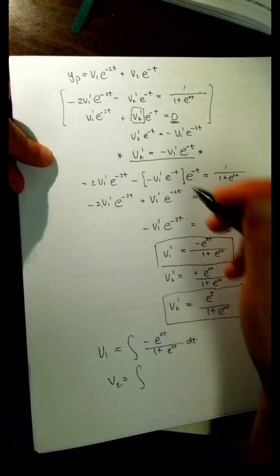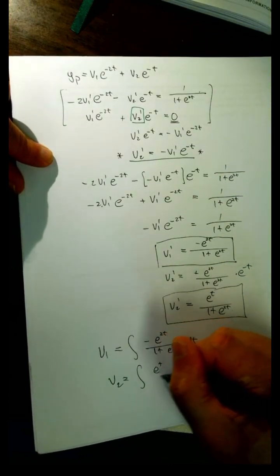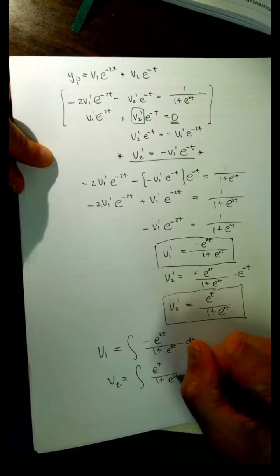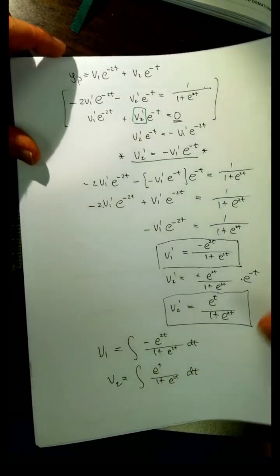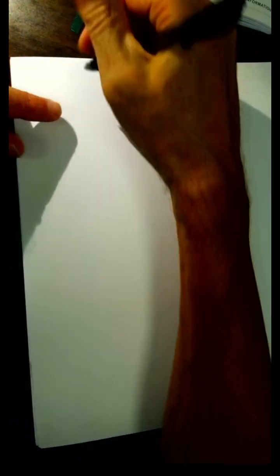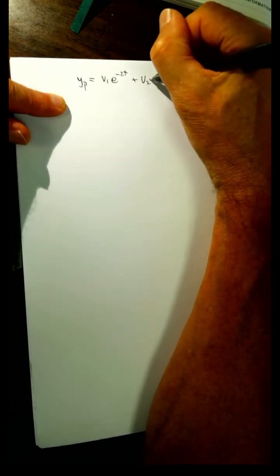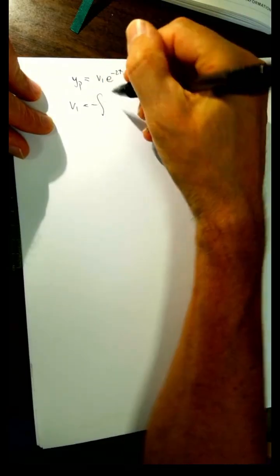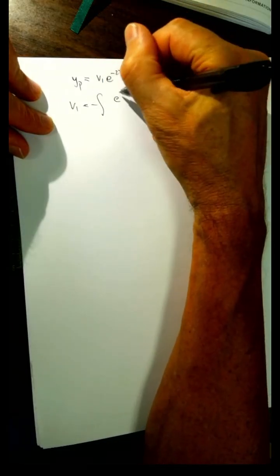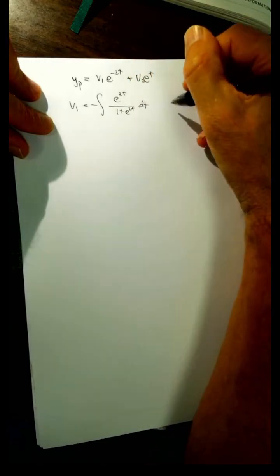Okay, it's going to be positive. Does that make sense? There should be a negative. Yes. e to the t over 1 plus e to the 2t dt. So where are we now? We have y particular is v1 e to the minus 2t plus v2 e to the minus t. v1 is negative antiderivative e to the 2t over 1 plus e to the 2t dt.